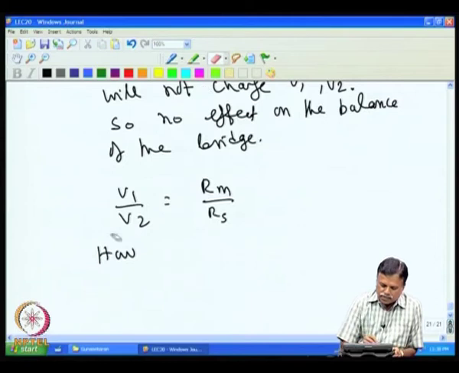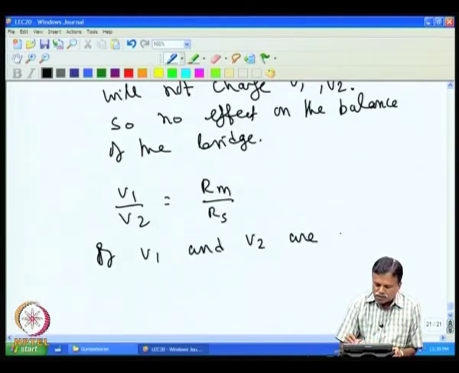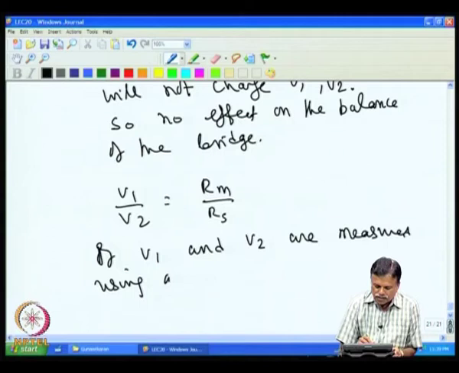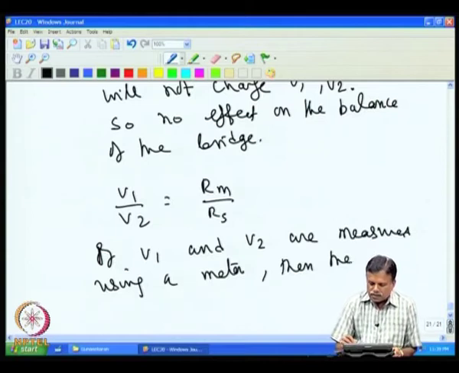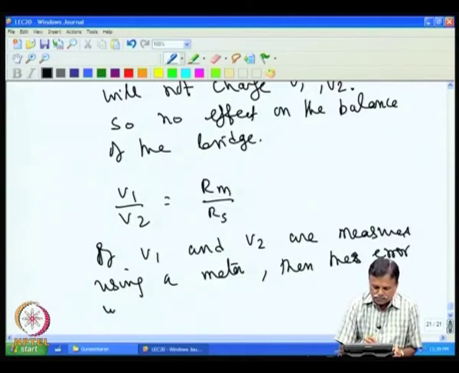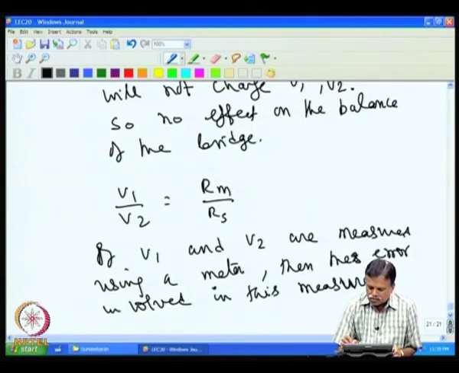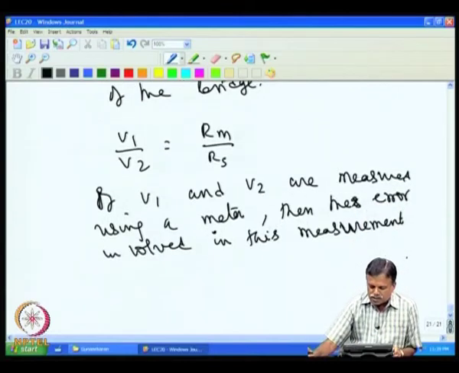If V1 and V2 are measured using a meter, the errors involved in this measurement also have to be considered.